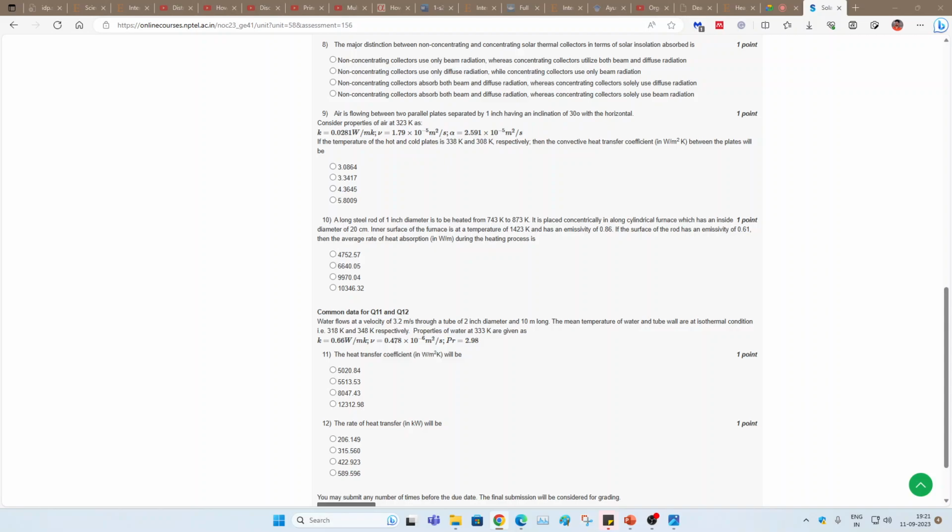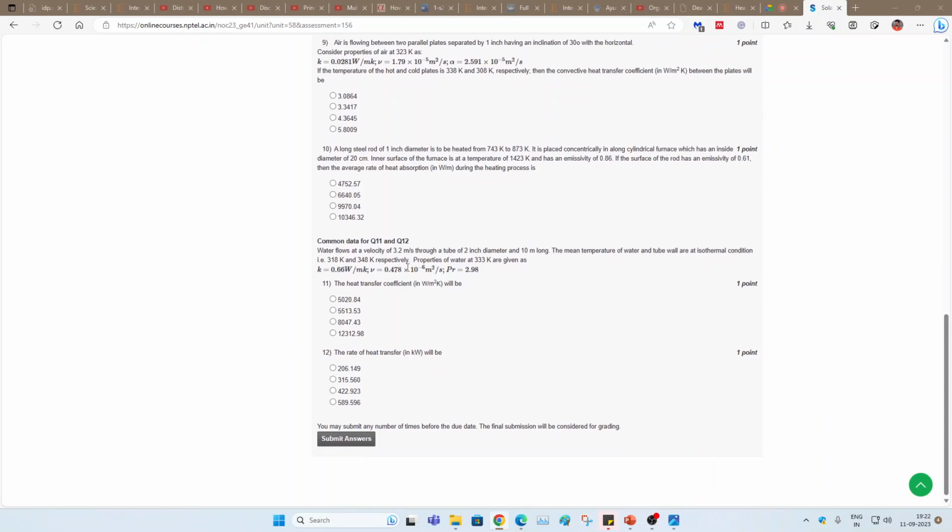Everything is given. So do one thing. First, observe the data. Write down what I am saying. You have been given velocity 3.2 meter per second and tube diameter 2 inch.